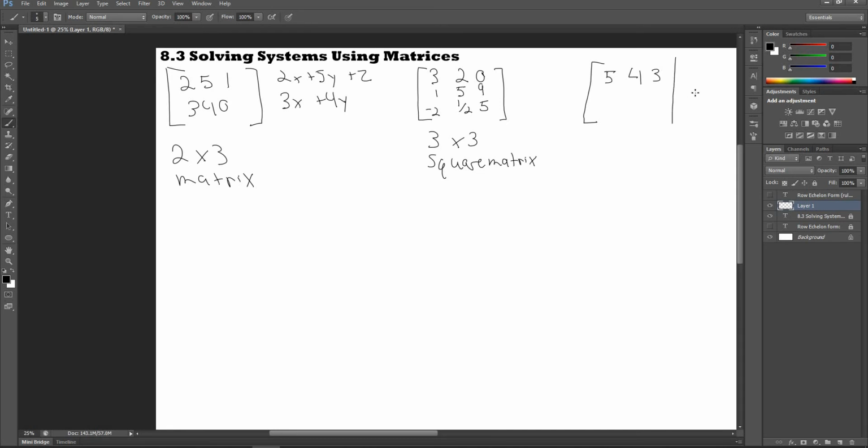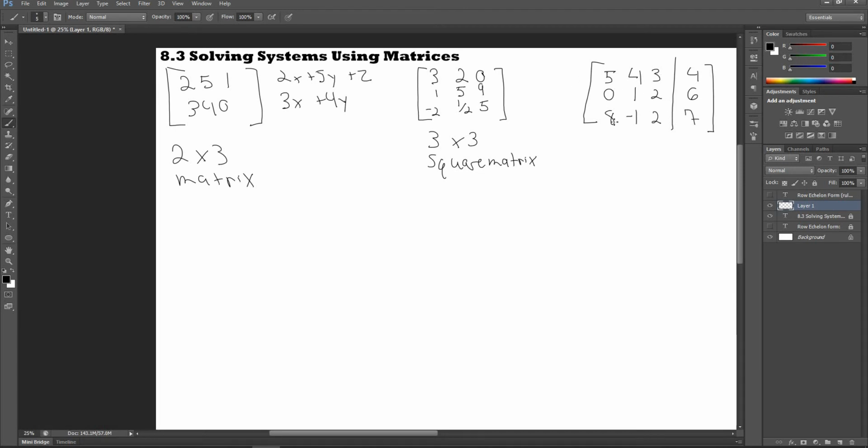So we have that vertical line, which is our equals, and then we have what it equals to on the right. So this is always a constant. This would be my x, my y, and my z equals a constant. And then 0, 1, 2, 6, 8, negative 1, 2, 7.